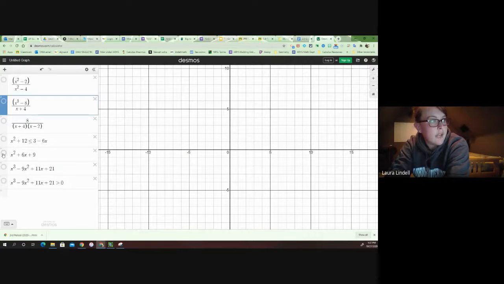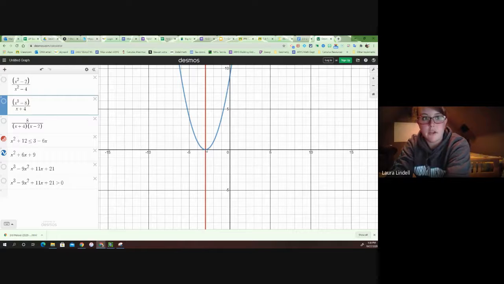If I plug in x squared plus 6x plus 9, it's resting on the axis at -3, just as we expected. And if I plug in less than or equal to, the whole thing, it just shows one solid line right here at -3.